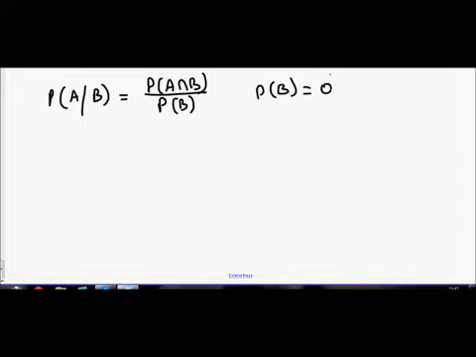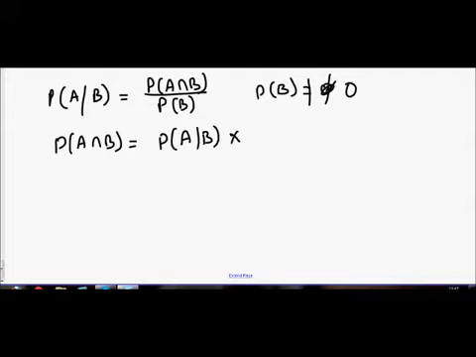From this formula, the more useful interpretation is this one: P of A intersection B is P of A given B times P of B. This type of formula is more often used than the first one.